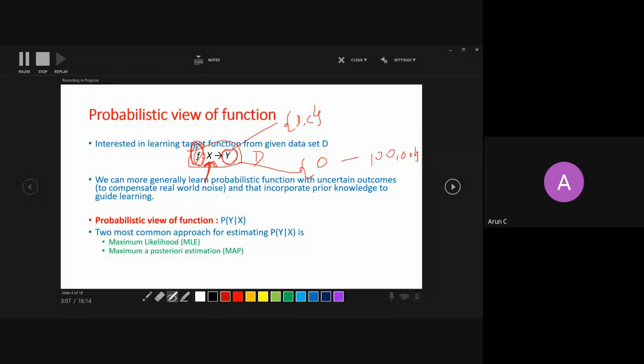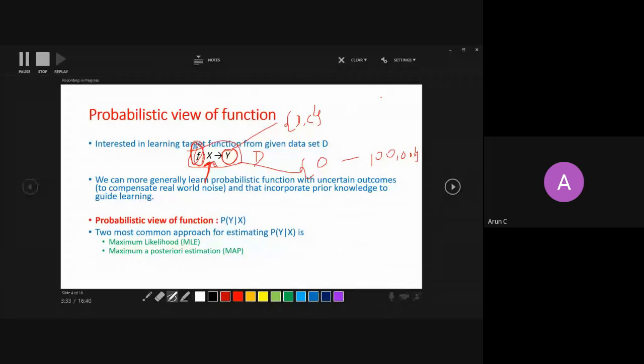There is always some random noise added to it, and it is not okay to say with very high probability or certainty that this image belongs to a dog, right? It may be the case that a dog looks like a cat, and in that case the human himself is confused, and your algorithm says only dog or cat. It doesn't say with what probability it is.